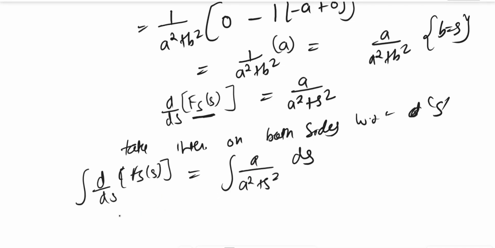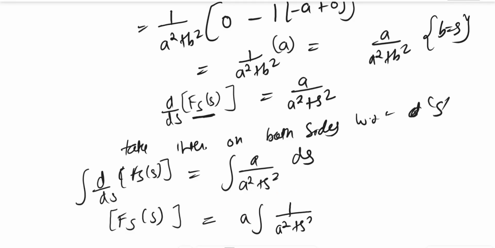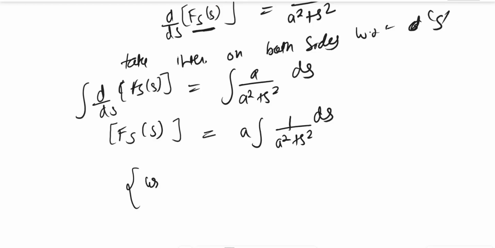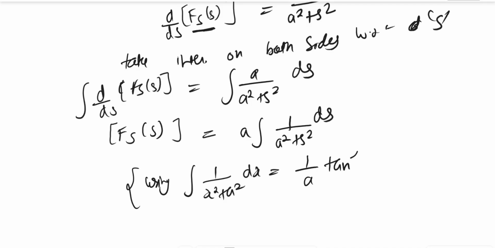Now integration with respect to s. So this will become the Fourier sine transform of the function f(x), that is F_s(s), equal to, now the integration of a upon a squared plus s squared, let us separate it, a times the integration of 1 upon a squared plus s squared ds. Now using the formula, the integration of 1 upon x squared plus a squared dx is equal to 1 upon a tan inverse x upon a.